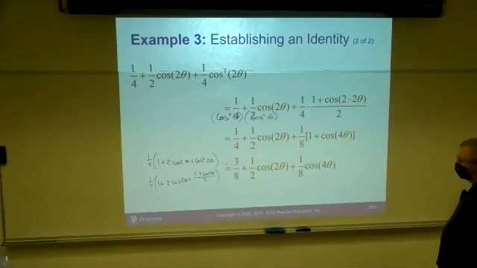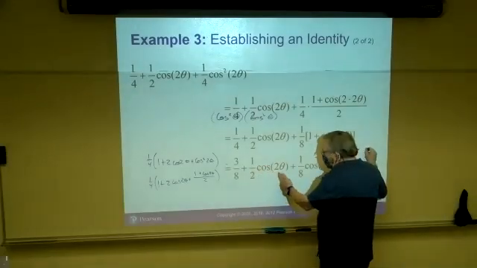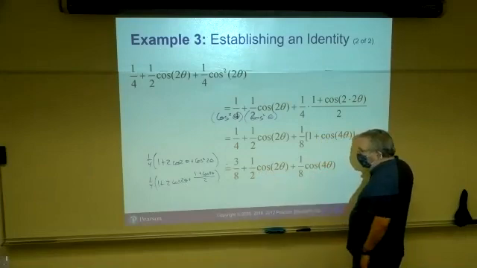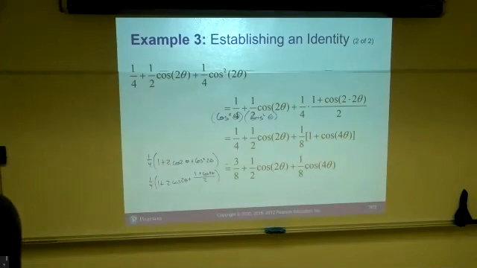And I would just like to write this as one fraction with 8 in the denominator. So it would be 3 plus 4 cosine 2 theta plus cosine 4 theta, all divided by 8.